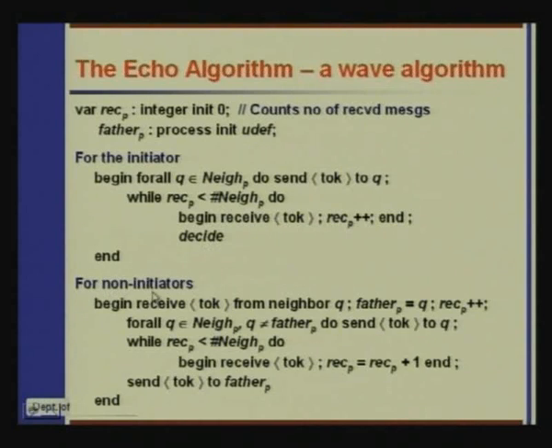And non-initiators, when they receive their first token, they set their father to be the node from which it receives the first token, and then send out token messages to all other neighbors except the father, and then wait for receiving token from all those other neighbors. When all those other neighbors send token to the process P, then it sends a token to its father. Okay. That is how the echo algorithm works, right.